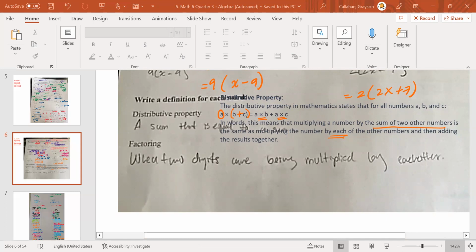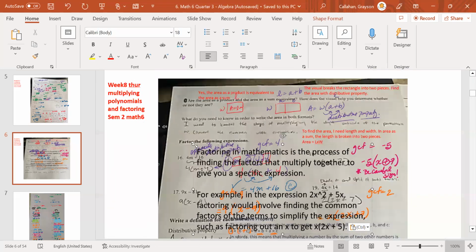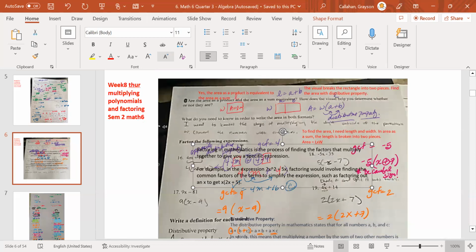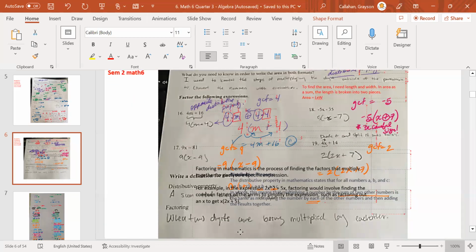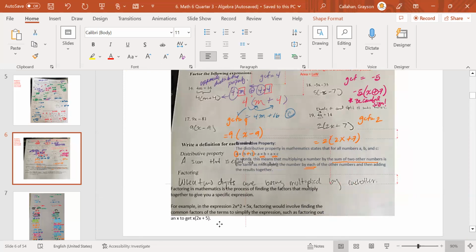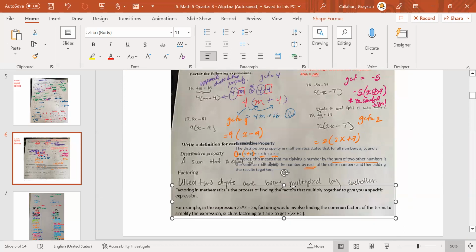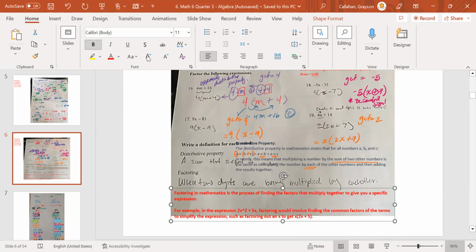Okay, so here is the online explanation. Let me minimize this. So this one says, factoring in mathematics is the process of finding the factors that multiply together to give you a specific expression.